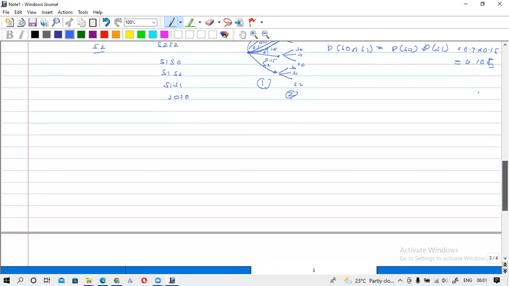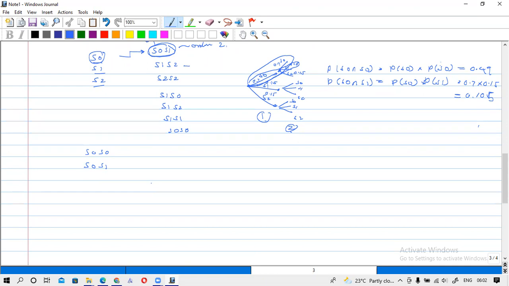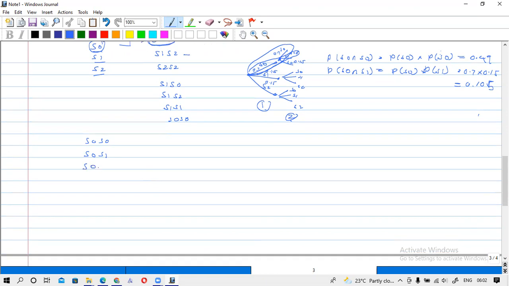So if I write, I will get S0 S0, then S0 S1, then S0 S2. First we will write the probabilities, then we will sort them, otherwise we will get confused.